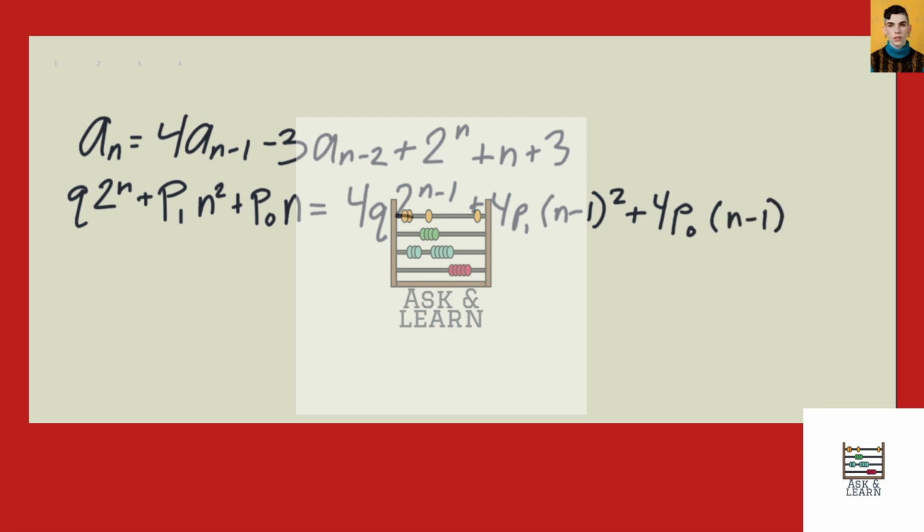So we really just put 4 times a_{n-1}, which would be 4 times this left-hand side, replacing all the n's with n minus 1. And now we're going to do the same for this next portion. So it's minus 3 times q times 2 to the n minus 2, minus 3 times p1 times (n minus 2) squared, minus 3 times p naught times (n minus 2).